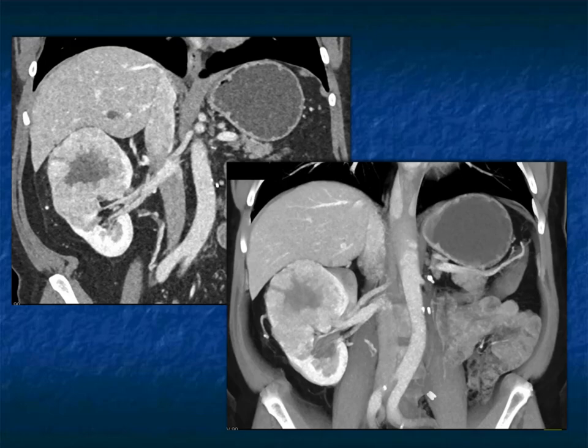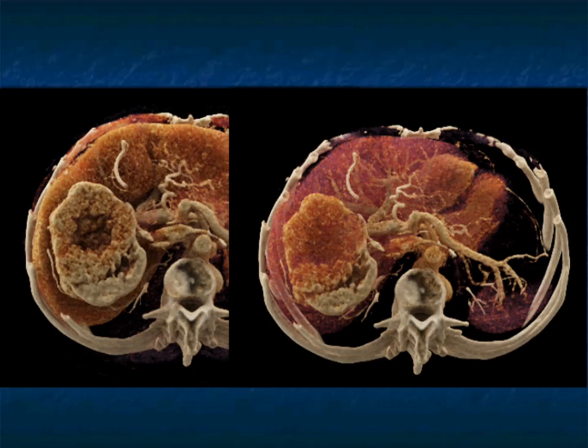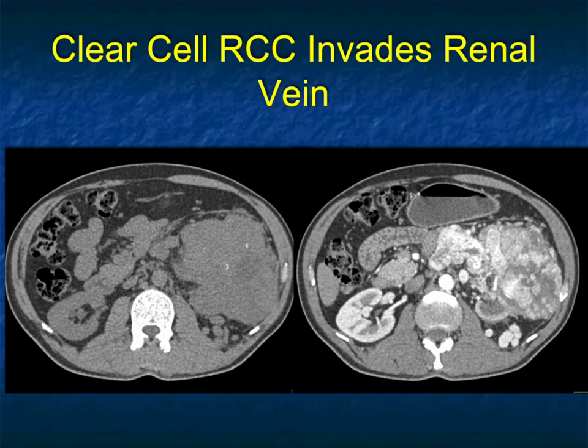Because of this central necrosis, this tumor is aggressive, and if not treated, the tumor will recur locally, and distant spread will also occur. And again, here's that central necrosis seen on the excretory phase imaging, so it's seen on all phases. Here is the cinematic rendering, showing you the central necrosis very nicely.